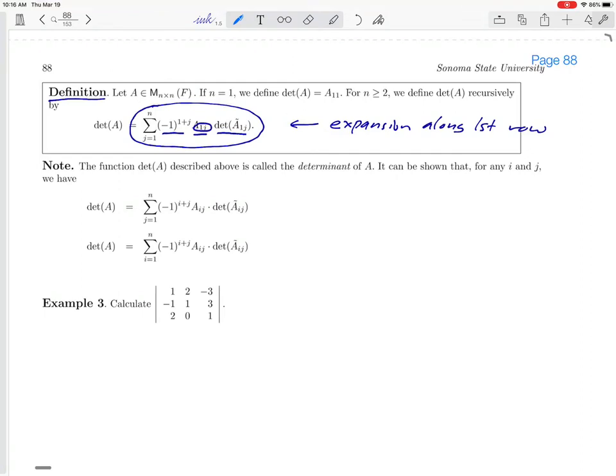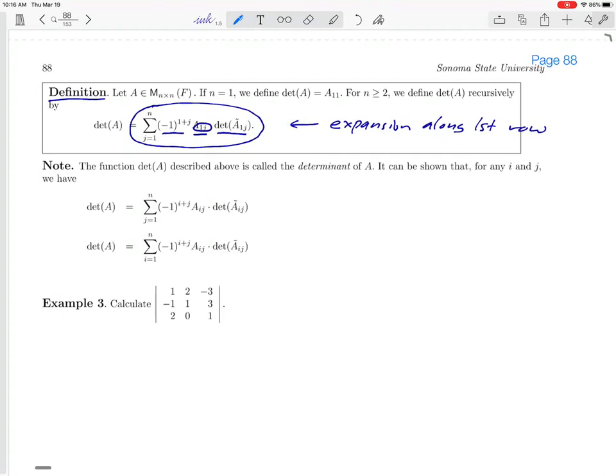The 1 is giving us the row that we're in, and the j is giving us the column, and because the 1 stays constant as we add up this sum from 1 to n, we're staying in the first row. Every entry there is in the first row. The j, on the other hand, changes. It goes from 1 to n, and so as we go a_11, a_12, a_13, we're moving along the first row of our matrix term by term. Like I say, we'll see an example of that in just a minute.